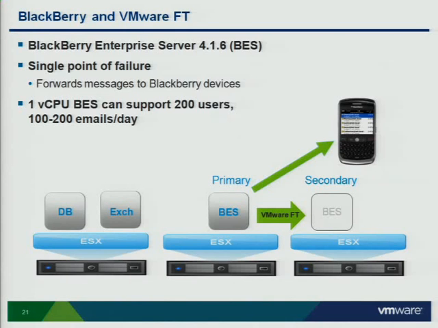So what we did was we protected the BlackBerry Enterprise Server in a one virtual CPU FT VM and ran many users on that. We again pulled the blade out, and we saw no interruption in the flow of data to the BlackBerry devices. And based on Research in Motion's own guidance, a one virtual CPU VM running BES can support up to 200 users, each user sending 100 to 200 emails per day. Okay?